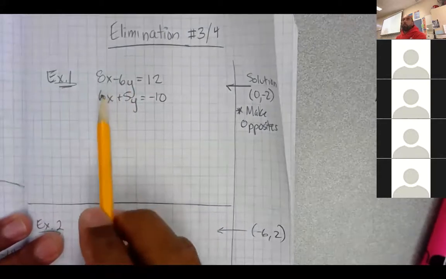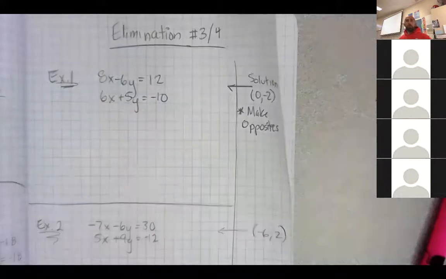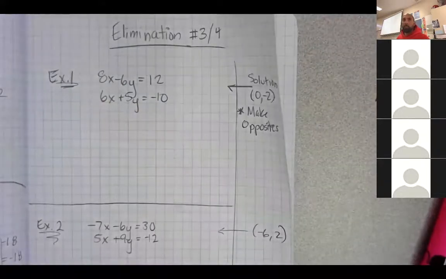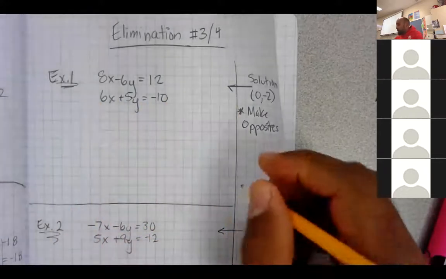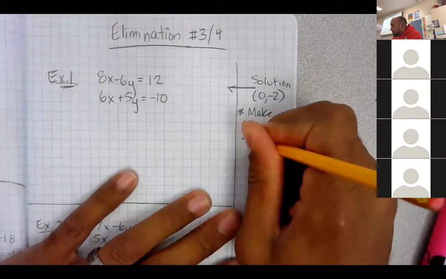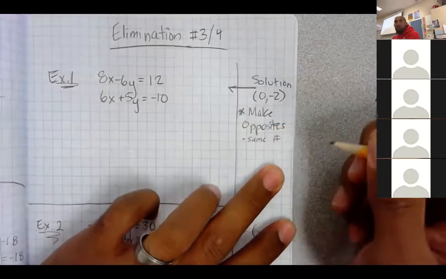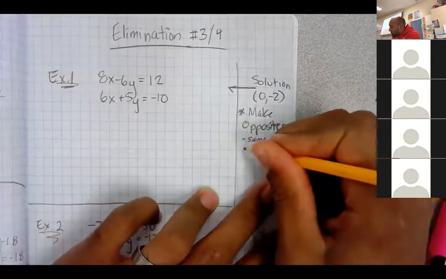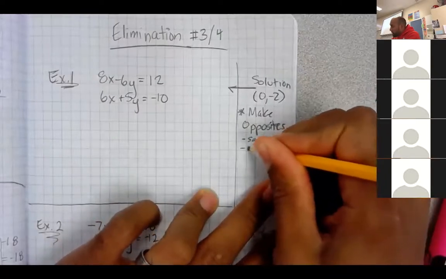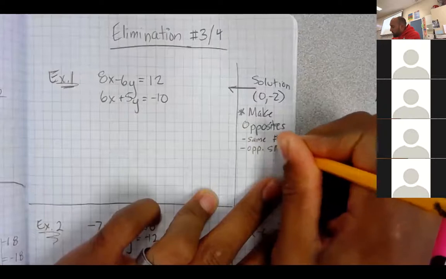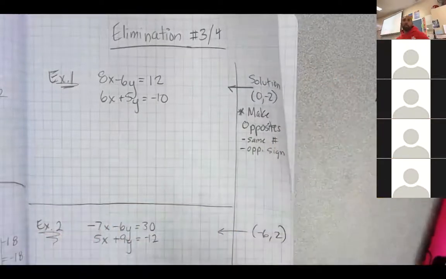Now, a question that might come up is, what's the easiest variable to eliminate? Well, if I need opposites, I need to have the same number. I'm just going to put a little pound sign for a number. Same number and opposite sign. One has to be plus, one has to be minus.